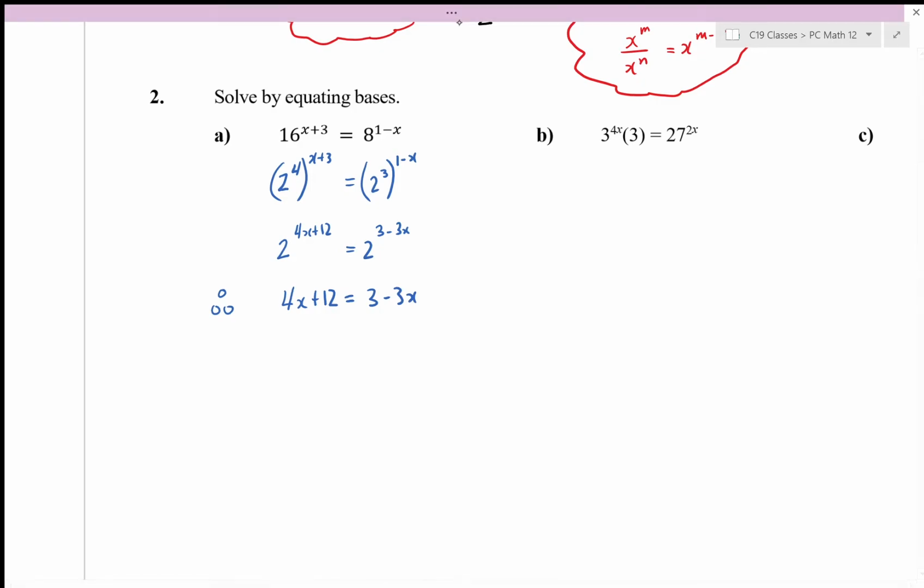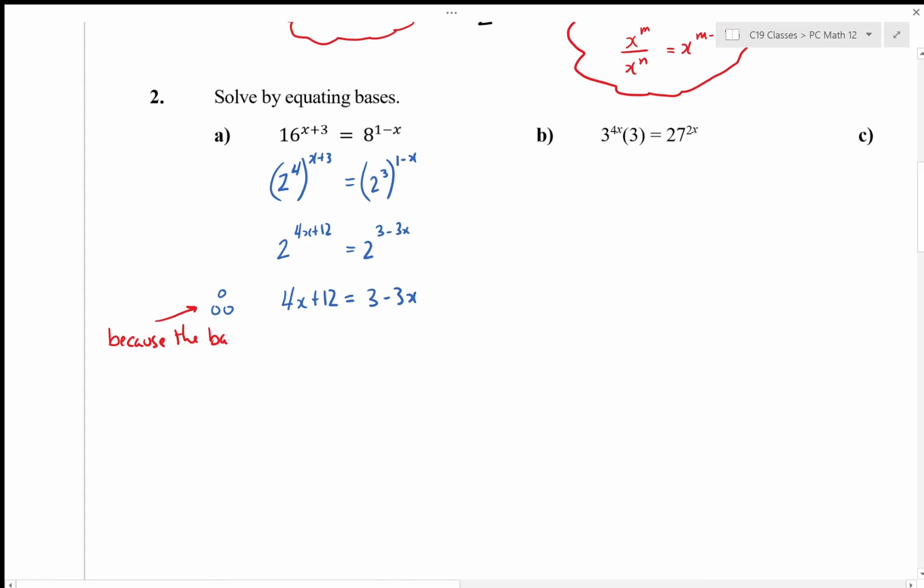And I'm just going to write down beside this, therefore, and I'm just going to put down an arrow here, because the bases are equal. Now we can do this, that's why we can do the statement. So we have to strive to get them to be the same. So right here, I'm not crossing them out, I'm just showing this and this are the same right now. And that's why I'm able to do what I'm doing.